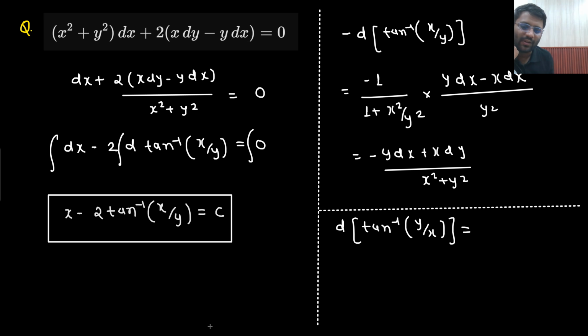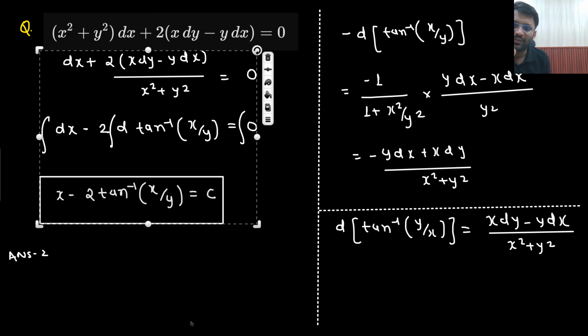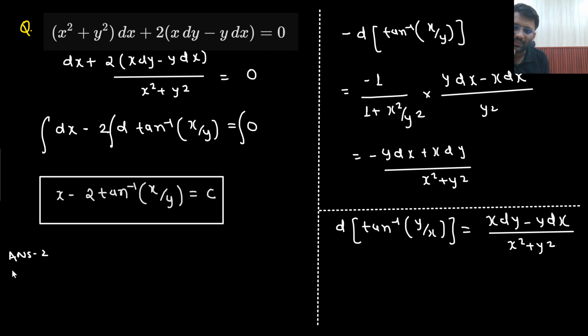Then he would have got x square plus y square, then x dy minus y dx. This is what he would have got. I am talking about answer 2, not method 2.